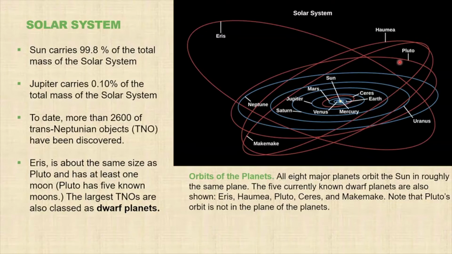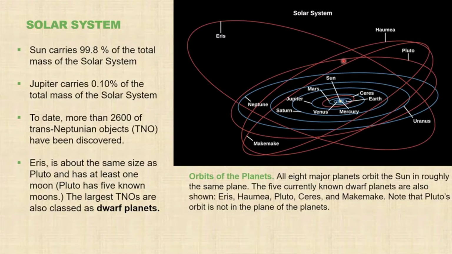And here is the reason why Pluto was demoted from planet to dwarf planet, because there are other objects like Eris, for example, that have very similar size to Pluto. If we continued calling Pluto a planet, then we would have to add all these other dwarf planets.